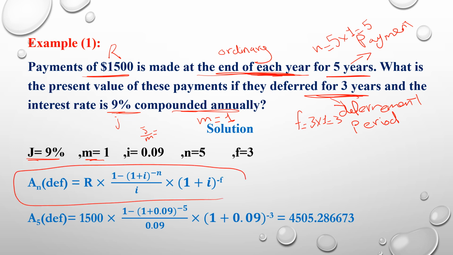This is the formula of the present value of the ordinary deferred annuity. By substituting R with 1,500 and i with 9% and n with 5 and f with 3, we get the present value of these payments, which is 4,500.5.